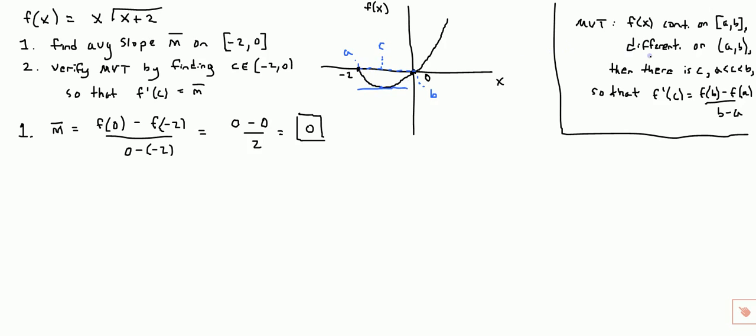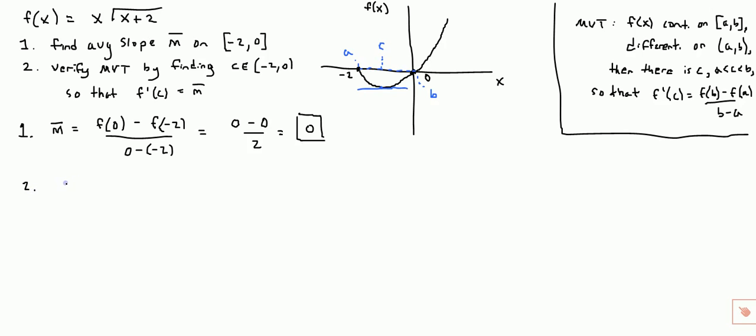And that tells us that there's a point c somewhere in between negative 2 and 0, so that the derivative at that point equals the average slope. And that definitely looks true, because we sort of found where c probably is, and it definitely looks like the slope is 0 there. So now how do we actually find that?